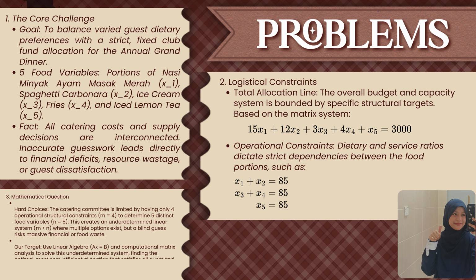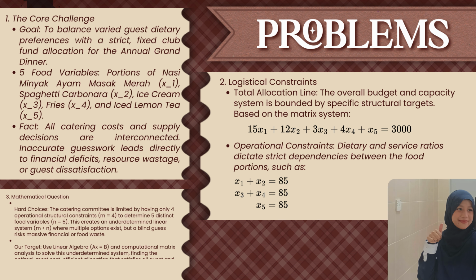So our target is to use linear algebra, which is AX equals B, and computer matrix analysis to solve this system, finding the most efficient food plan that perfectly satisfies all our guest and budget rules.